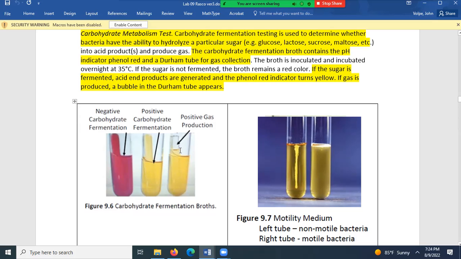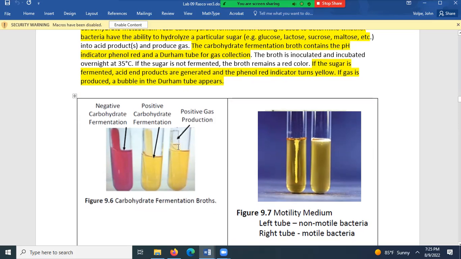You can also look to see if gas is produced, and if there's gas and it's yellow, we call it AG: A for acid, G for gas. If it's positive, we don't go plus, we say A for yellow in color, and then this would be negative.